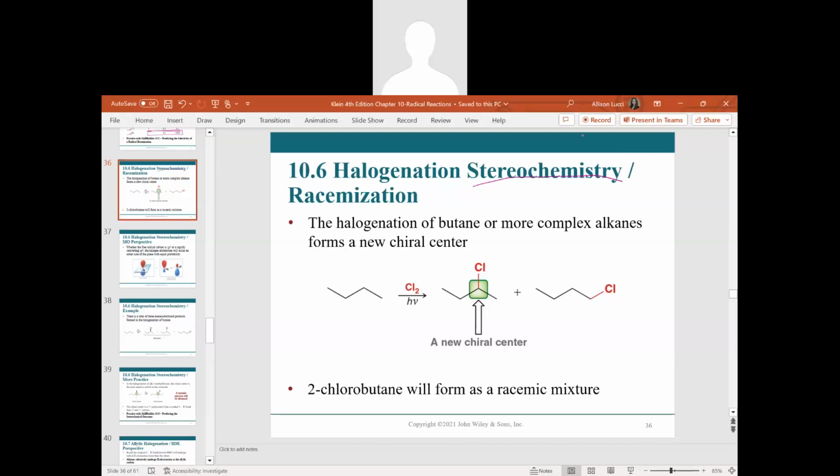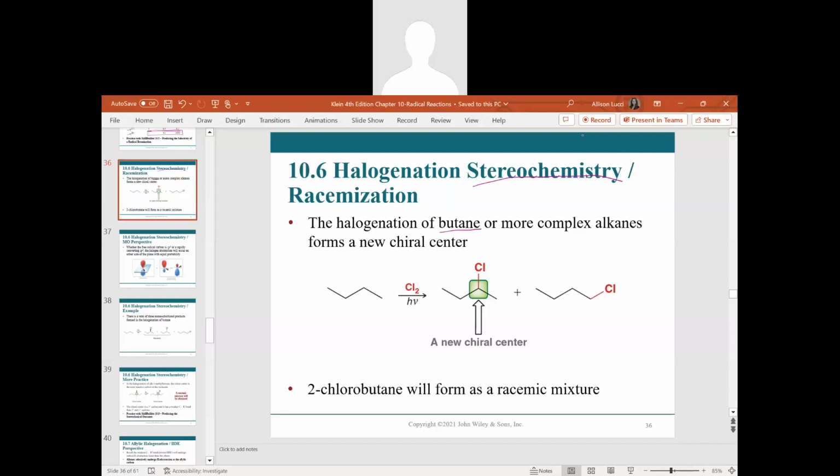So if a chiral center is created or a chiral center already exists, we're going to have to consider what stereochemical outcomes will occur. So when we halogenate butane or higher, a more complex alkane, we can form a new chiral center. Anything smaller, we would have two of the same functional group at our sites.